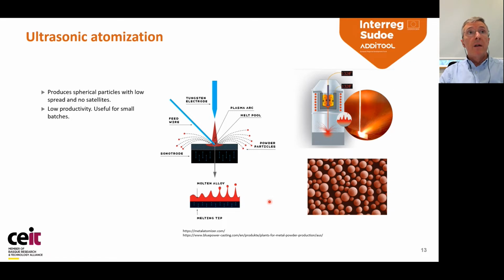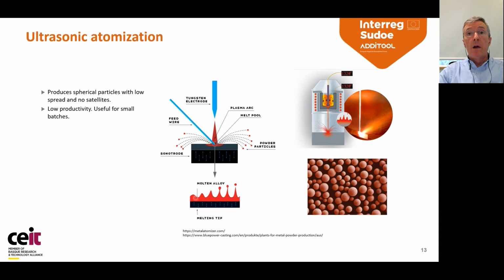And finally, you have ultrasonic atomization, which produces spherical particles with very low spread. Although it has low productivity, there are some equipments that can be used for lab scale and which are useful to produce small batches. You feed a wire, you melt using a plasma arc, and then molten metal drops on top of a sonotrode, which is a vibrating plate, normally actuated by a piezoelectric actuator.